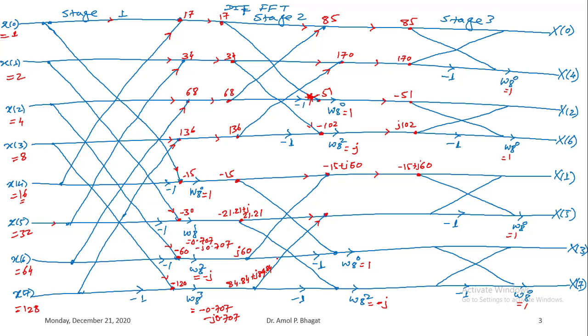Okay, so this addition here is basically 84.84 minus 21.21 will be there, so it will be 63.63, right? And plus j, so here it is 21.21 plus 84.84, so it will be j 106.05.